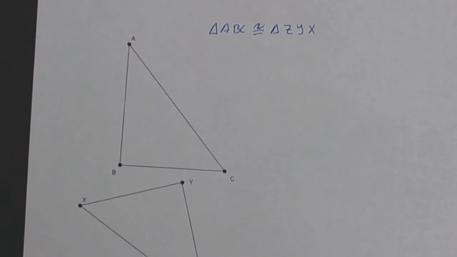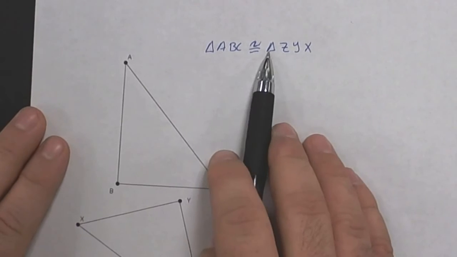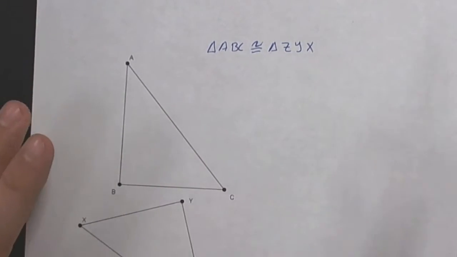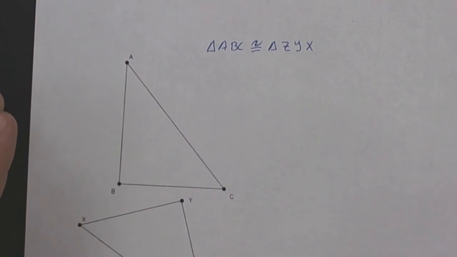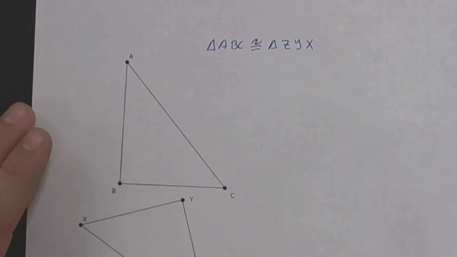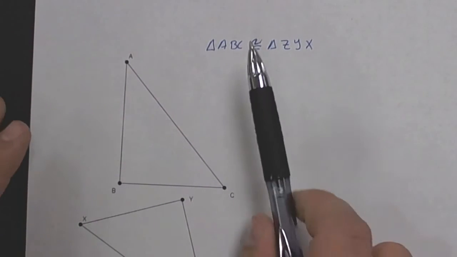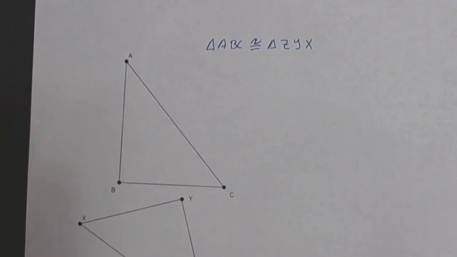Now I can take that corresponding parts idea one step further. Remember, in order for those triangles to be congruent, every corresponding piece of them has to be congruent itself. We can work that backwards. We can say, if the triangles are congruent, then every piece of those triangles is also congruent.